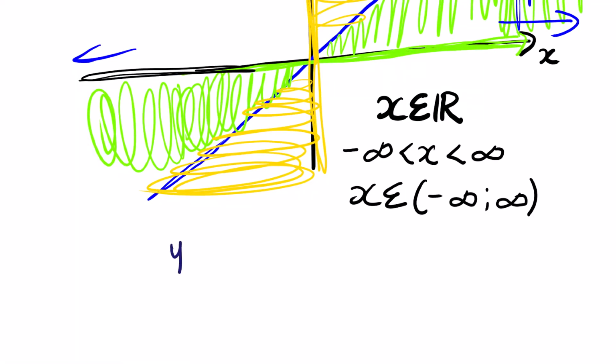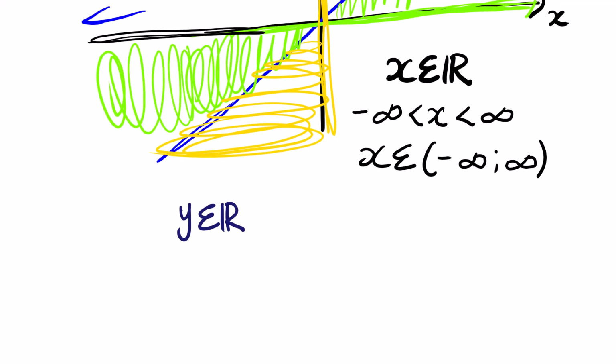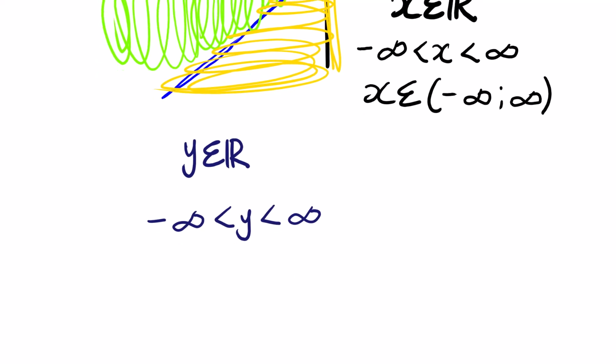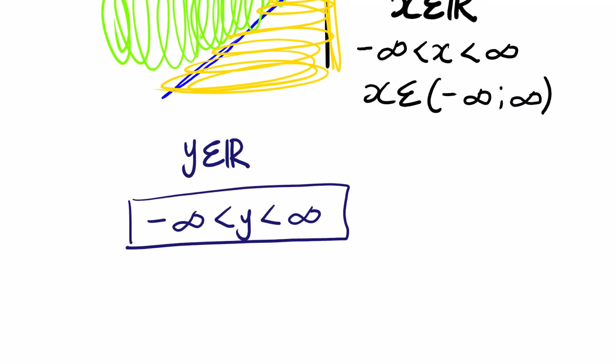Range, y is the element of all real numbers, or we can say from negative infinity to positive infinity. Remember, when writing this notation, just make sure that on the left hand side is the smallest number, on the right hand side is the bigger number.